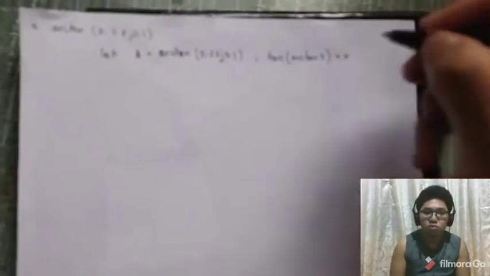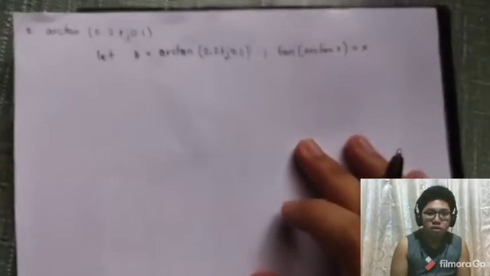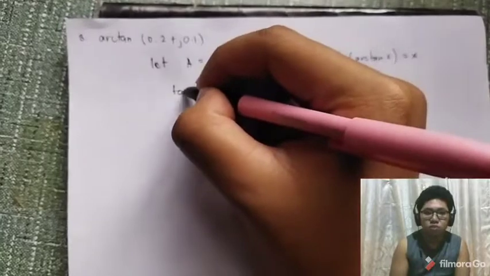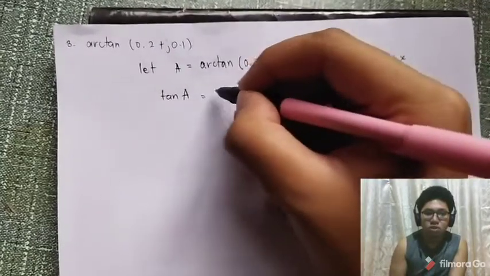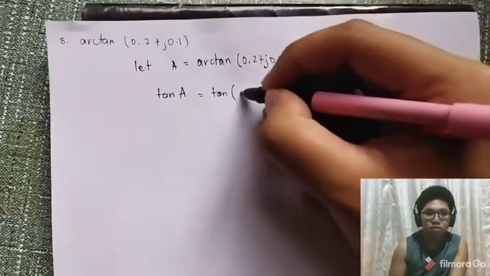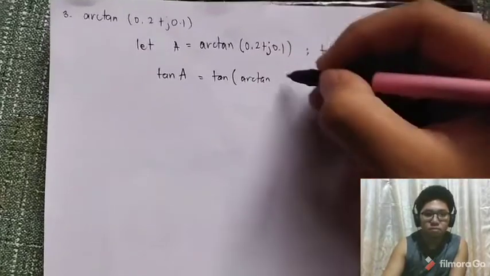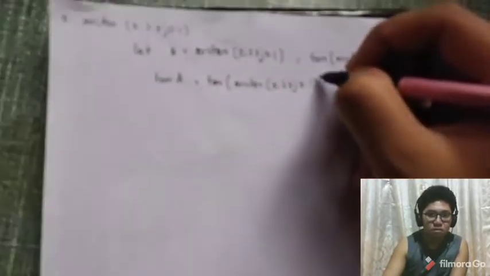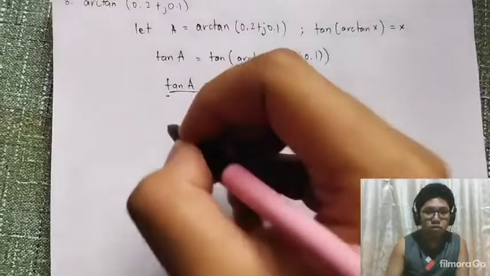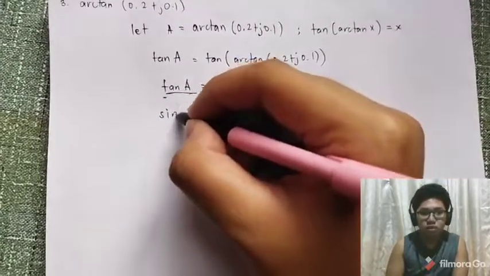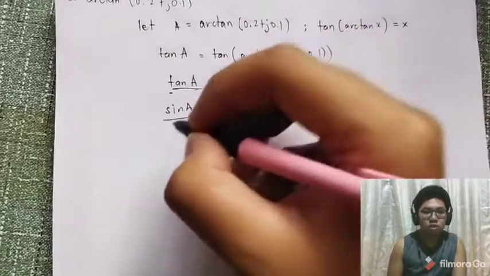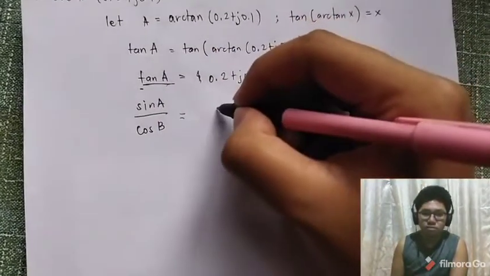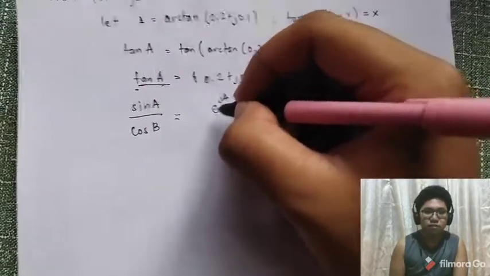So that would be the tangent of a is equal to 0.2 plus j 0.1. Then the tangent of a is equal to the sine of a over the cosine of a.